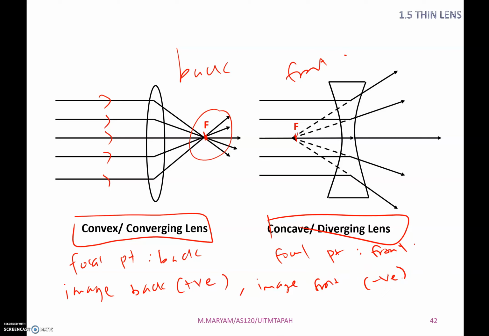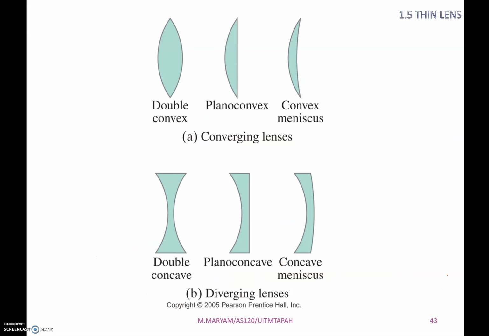So what's the difference between negative and positive image? A positive image shows a real image, and a negative image shows a virtual image. So I'll explain more on this later on.